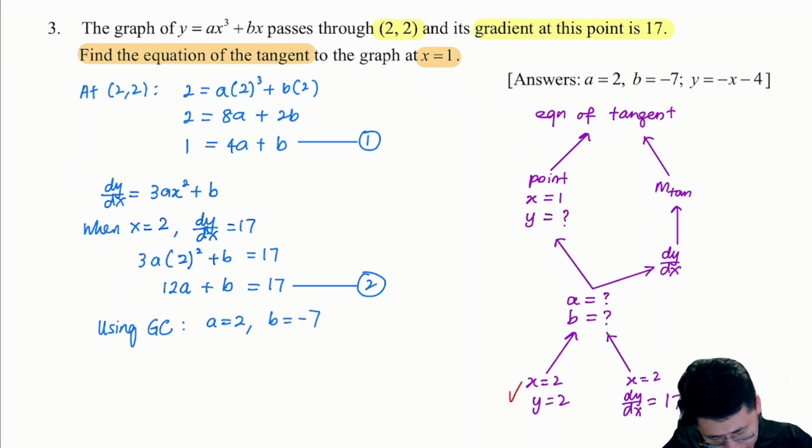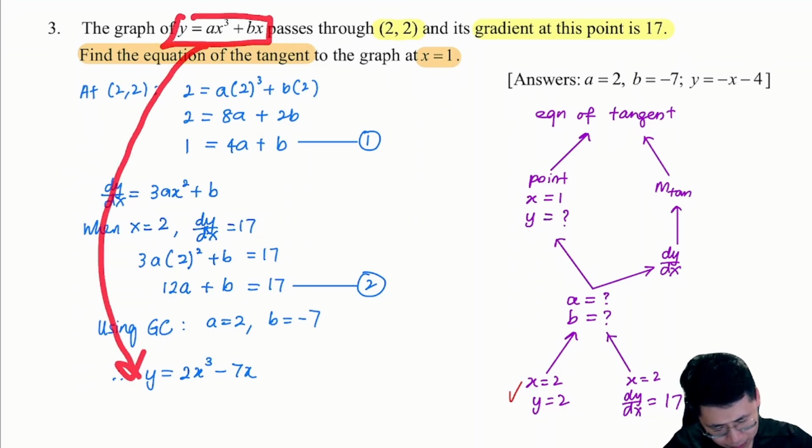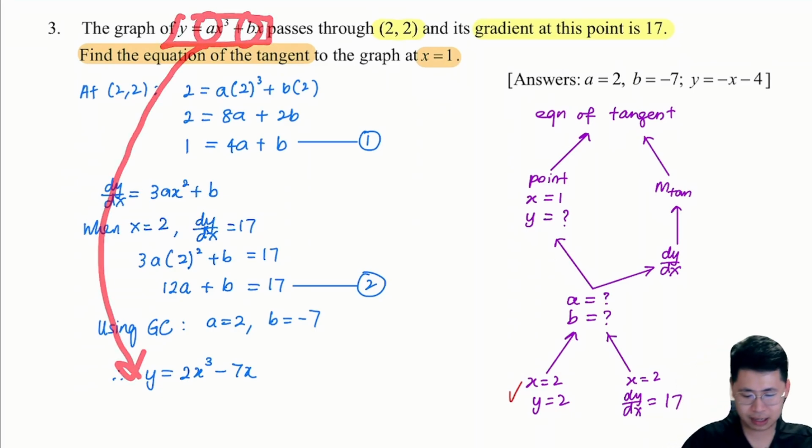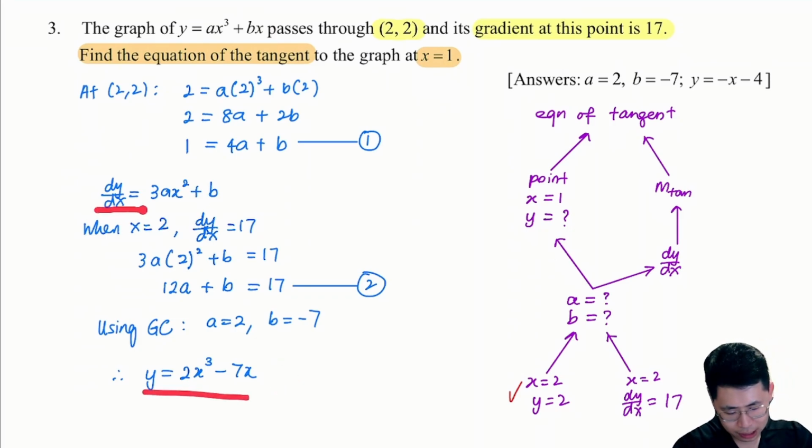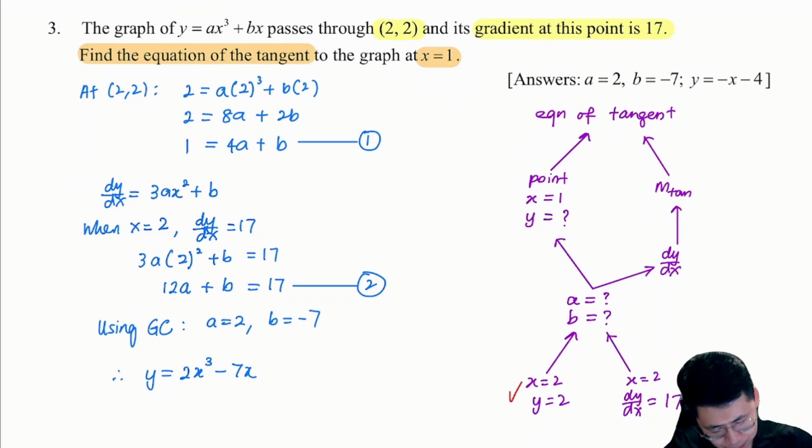So right here, y now becomes 2x cubed minus 7x. From here I'm going to sub in my 2 and the -7 to get this expression for y. Now with this, I can also get the expression for dy dx.